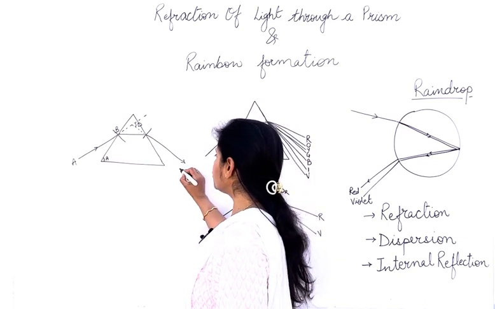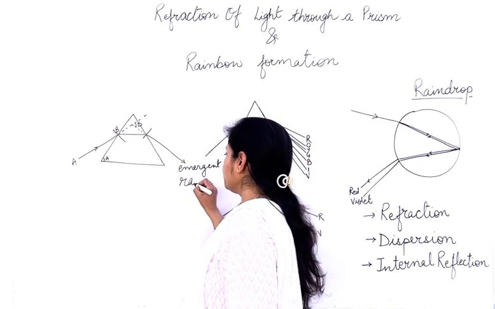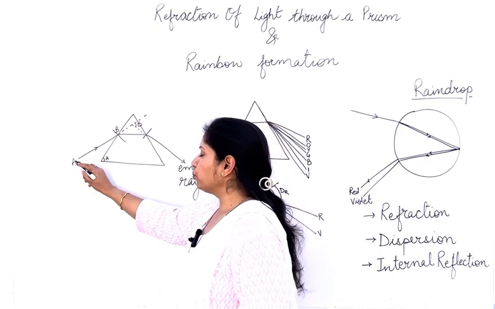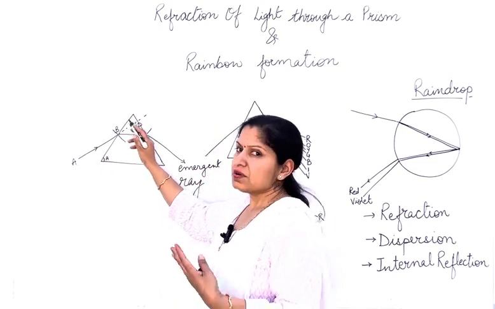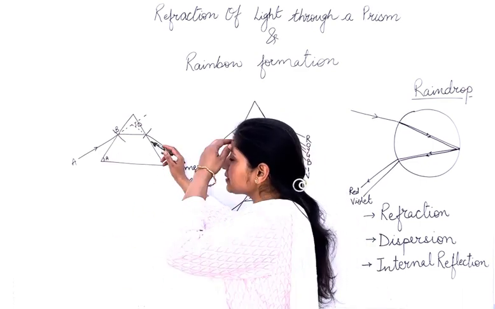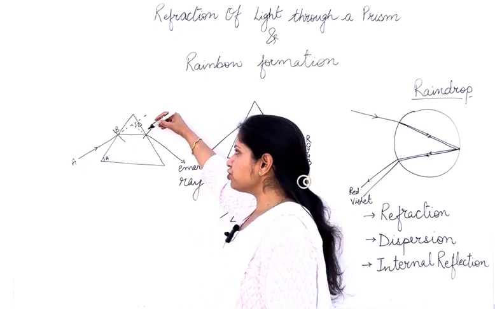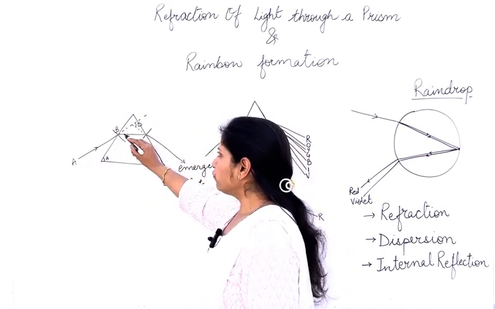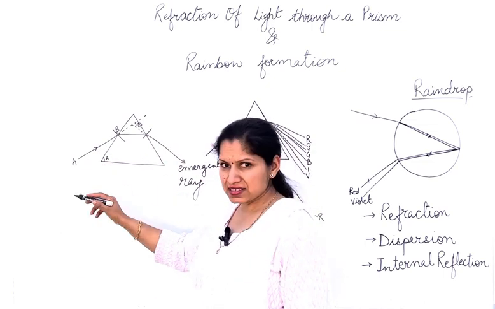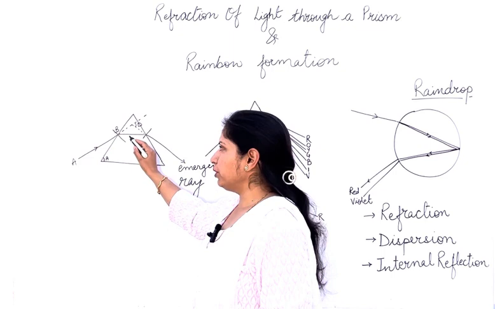This ray which is coming out is known as the emergent ray, and the light which is incident on this prism is known as the incident ray. Now if we trace back the emergent ray and extend the dotted line forward for the incident ray, we find that they make an angle between the two.